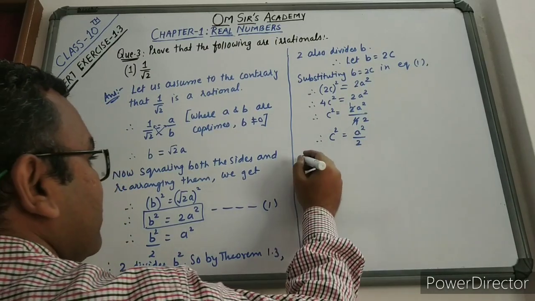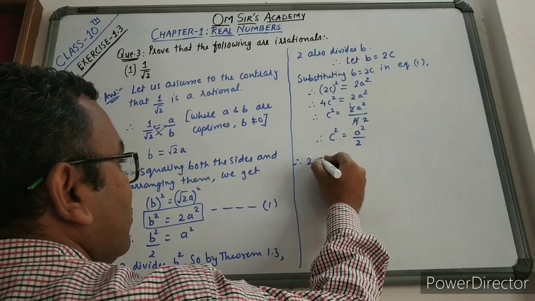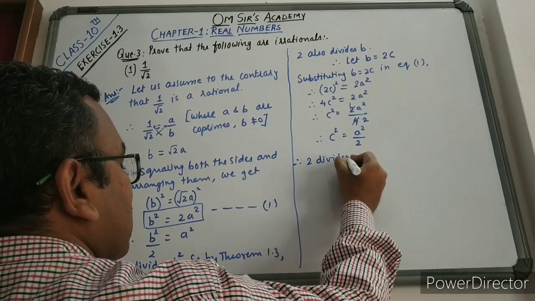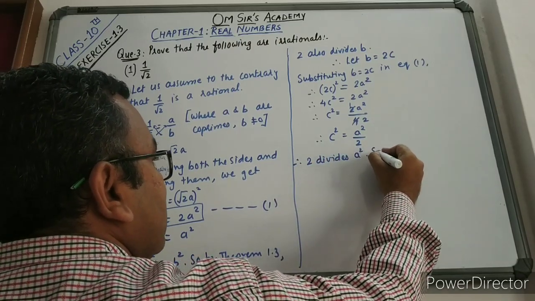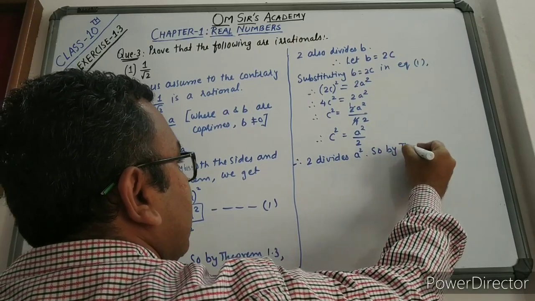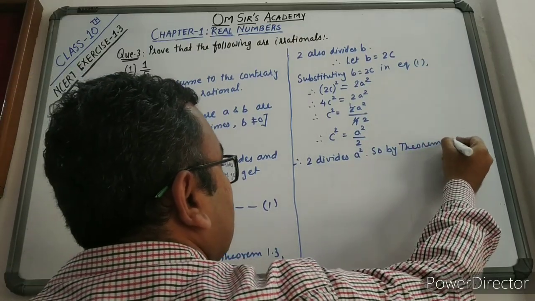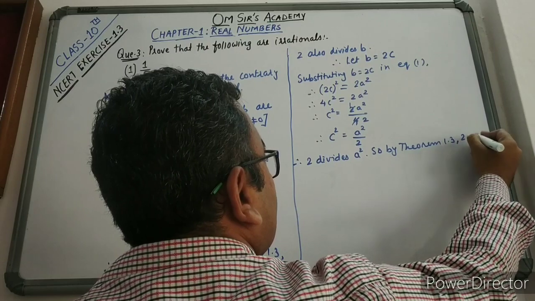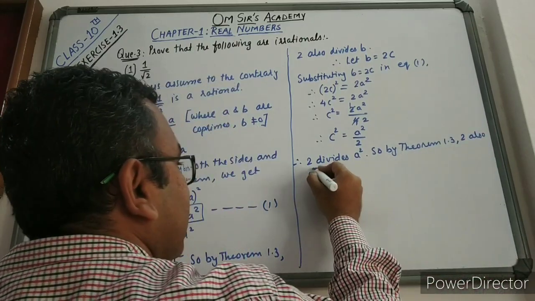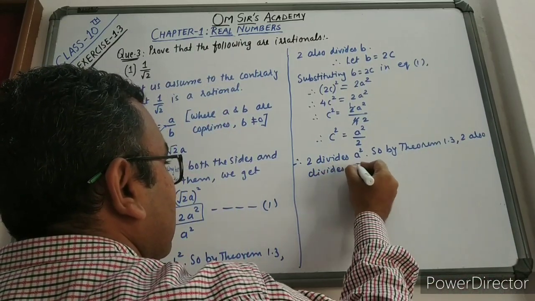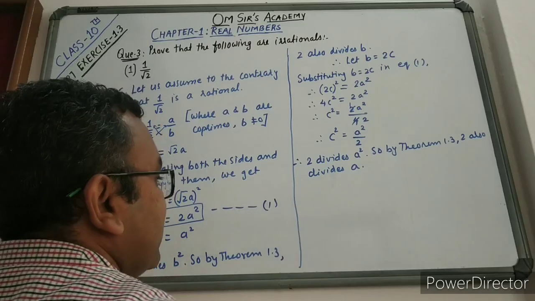Is it clear? So therefore we can say that 2 divides a square. So by theorem 1.3, 2 also divides a. Okay, is it clear?